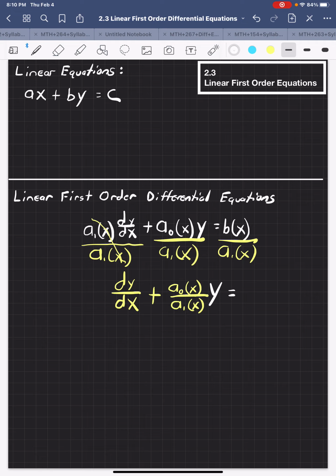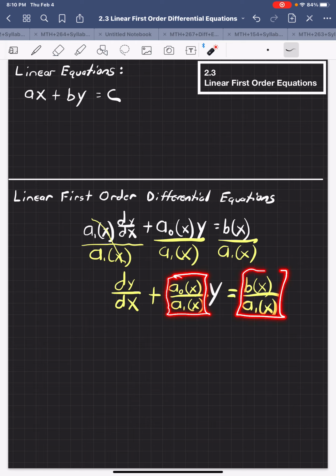But let me go ahead and finish this out. And that's equal to b of x divided by a sub 1 of x. All right, so the first step is just to divide by that a sub 1 of x. And what I'm going to do right now is rename this quotient, and rename this quotient.